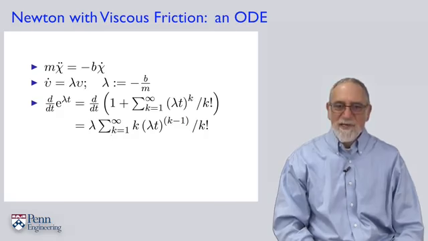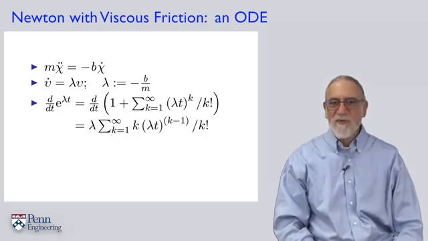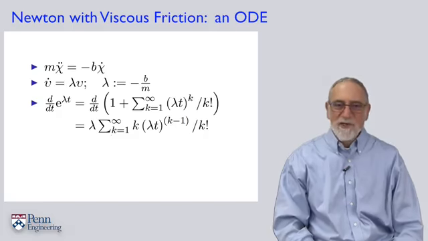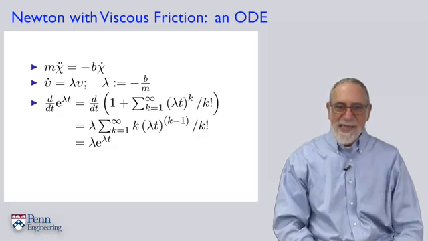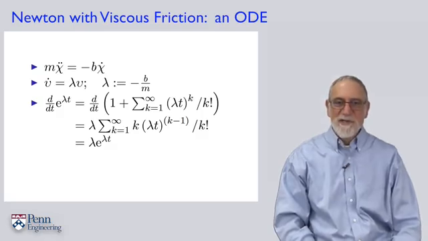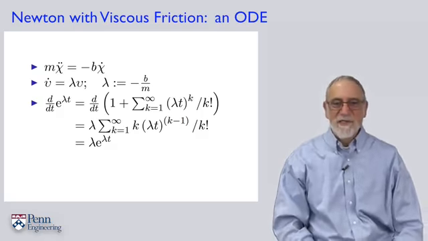Take d by dt of the kth term, and you remember from calculus, k comes down, k minus 1 is left as the exponent, and k factorial is going to be reduced to k minus 1 factorial by cancellation with k. And so we get lambda times that same infinite series, and we realize that d by dt of e to the lambda t is just lambda times that function, e to the lambda t.